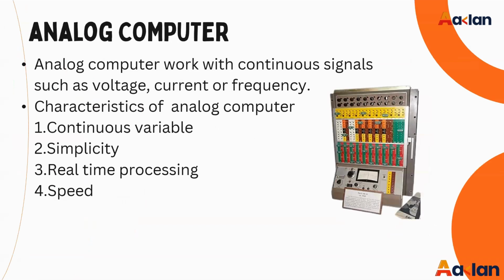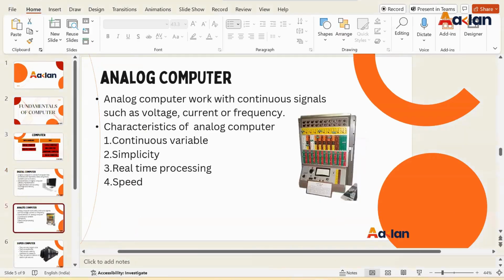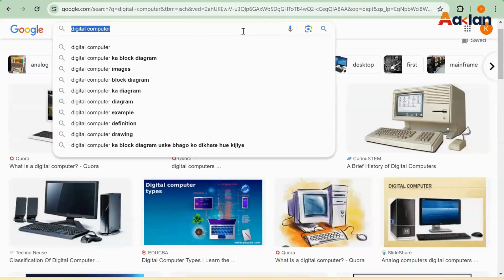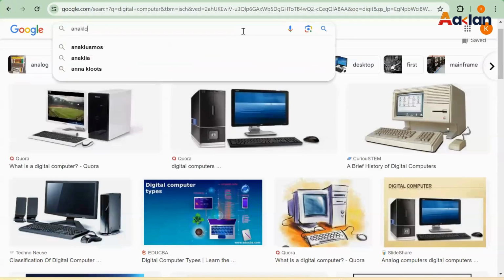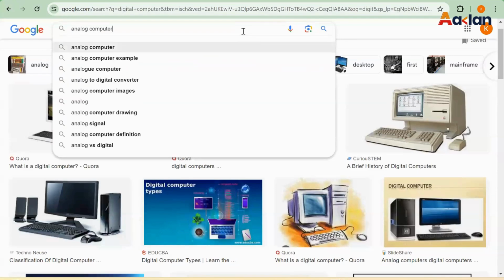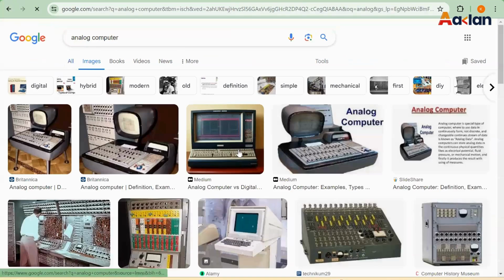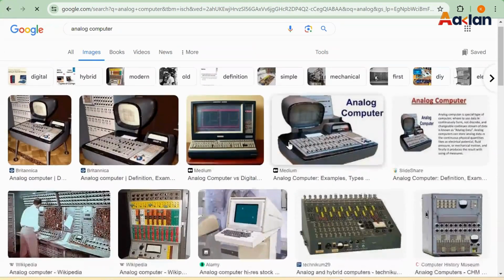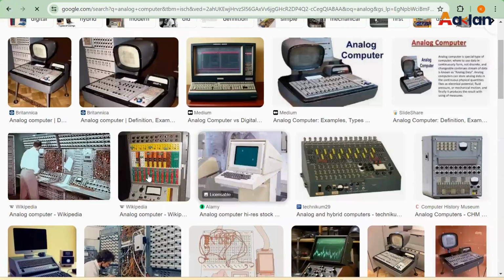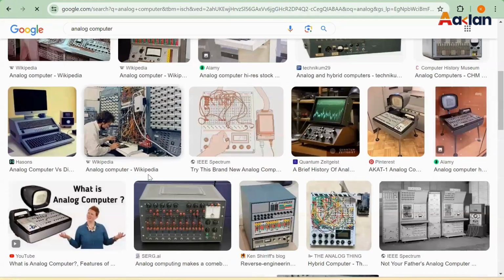Analog computer. Analog computer works with continuous signals such as voltage, current or frequency. So the characteristic of analog computer is continuous variable. Why is it called continuous variable? Because it works on continuous signals. Simplicity, real-time processing, and speed. If we see the image of analog computer or the uses of analog computer on Google, it looks like that, right?